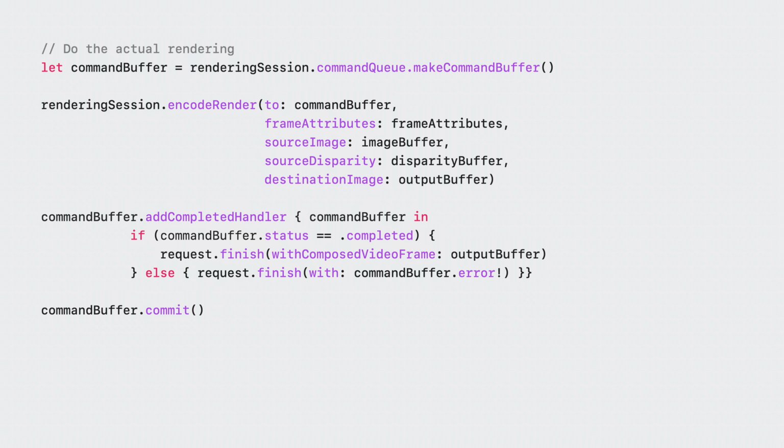I just need to get a command buffer on the rendering command queue such that the composed output can be rendered on the GPU. Encode the rendering using the updated frame attributes and the image and disparity buffers. Add a completion handler for the output buffer, which will be passed to the video composition. And finally, commit the command buffer.